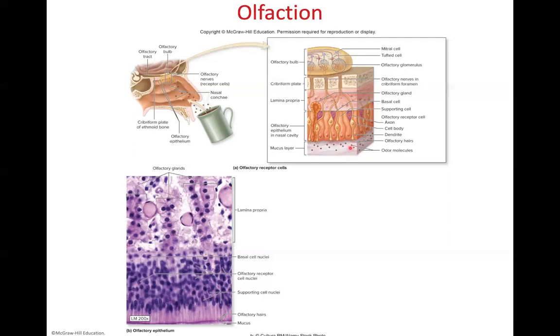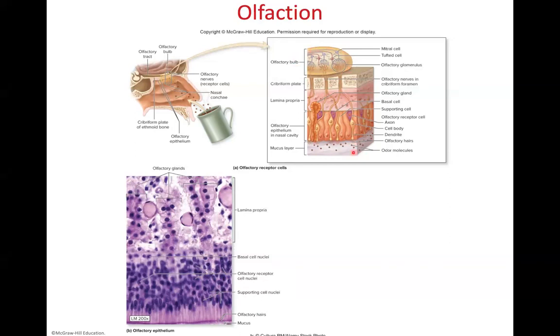They bind to a particular molecule and send that information along the olfactory receptor cell, which travels up through the cribriform plate. Remember, this is the olfactory foramina within the cribriform plate. And overlying that is the olfactory bulb, the start of cranial nerve number 1, which passes that information back along to the central nervous system for processing.